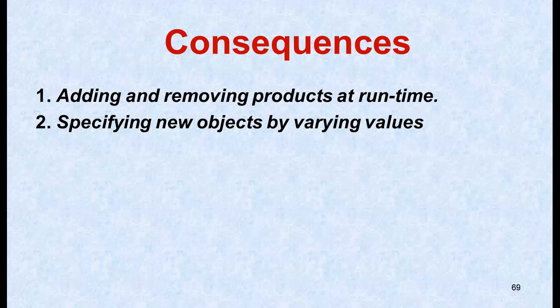Here, a client can exhibit the new behavior by delegating the responsibility to the prototype. So this kind of design lets users define new classes without programming. In fact, cloning a prototype is similar to instantiating a class, and the prototype pattern can greatly reduce the number of classes a system needs.